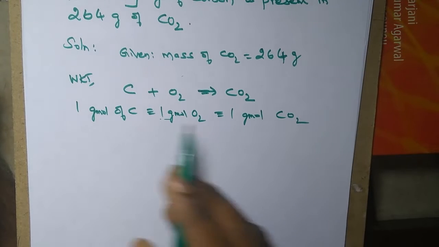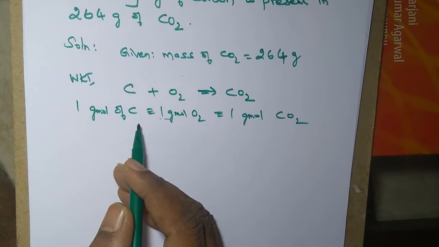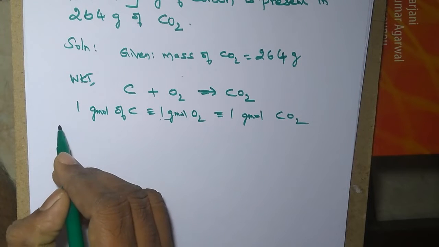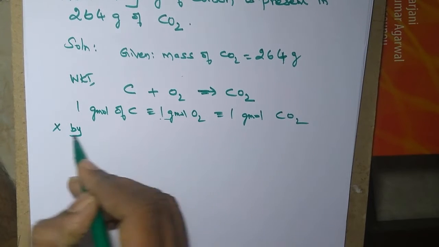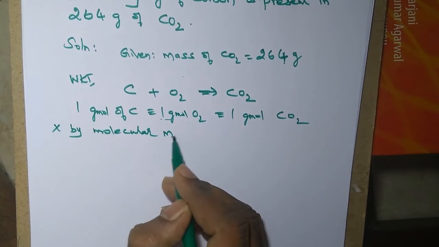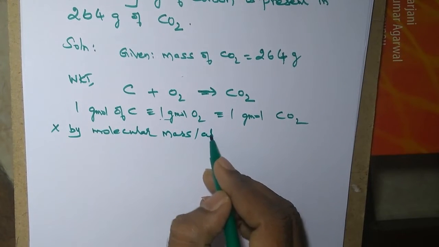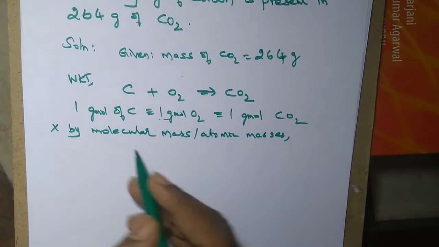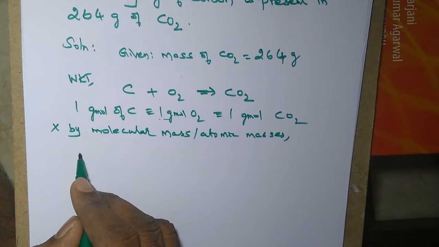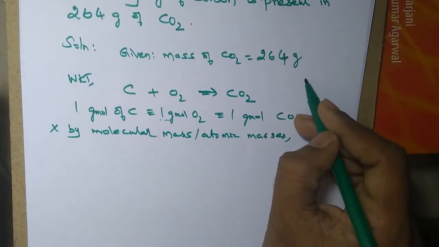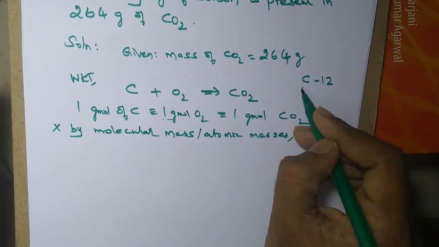Again, as we did in the previous problem, we have to multiply by molecular mass or atomic mass respectively. Carbon atomic mass is 12. So first find the molecular weight of CO2.